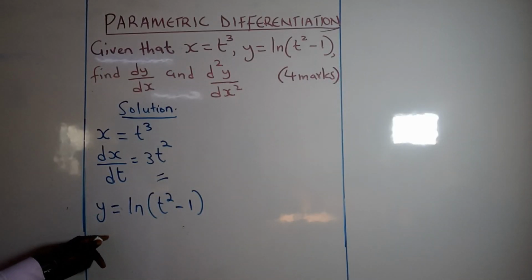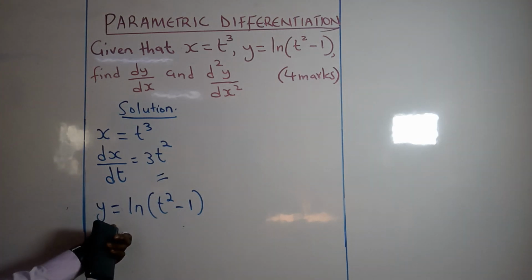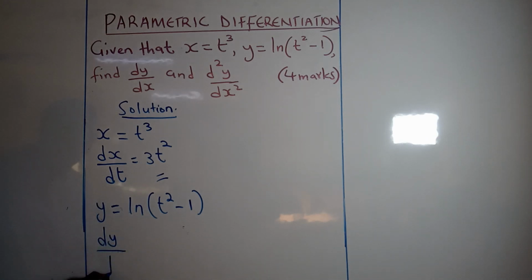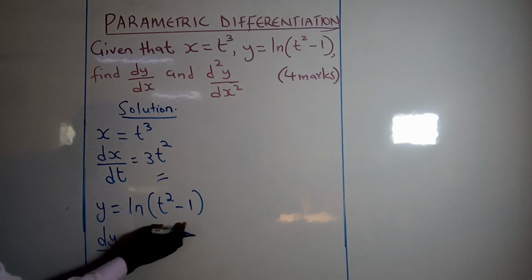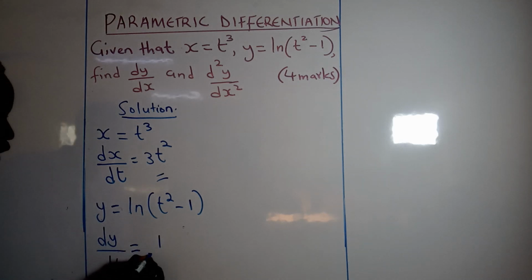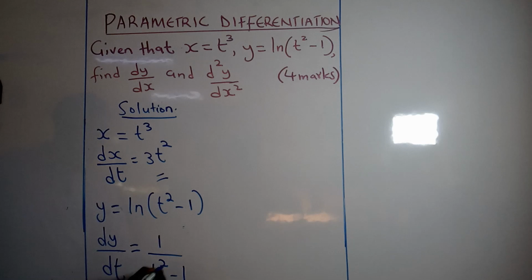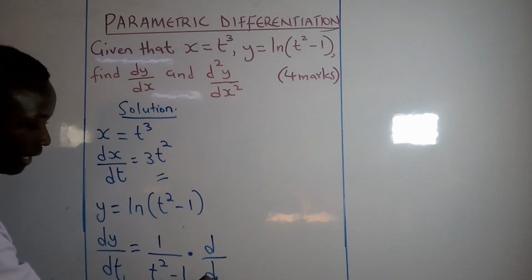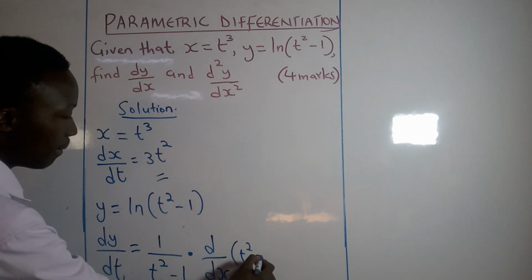I'm going to do a video on how you go about the derivatives of logarithmic functions. So dy over dt is equal to, when you have the natural logarithm of a function, it becomes 1 over the function, that is t squared minus 1, multiplied by the derivative of the function, that is t squared minus 1.